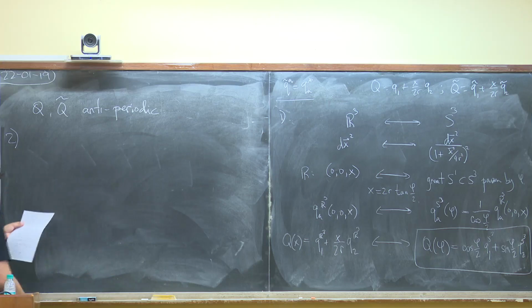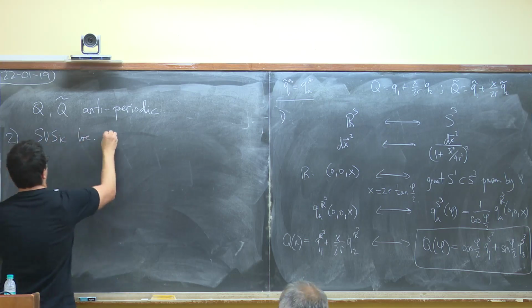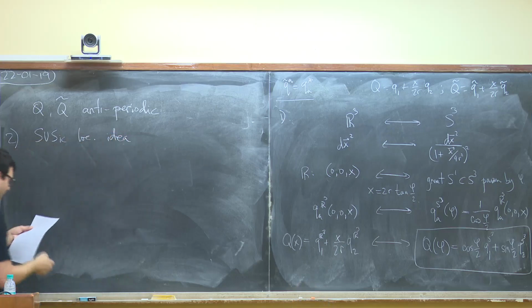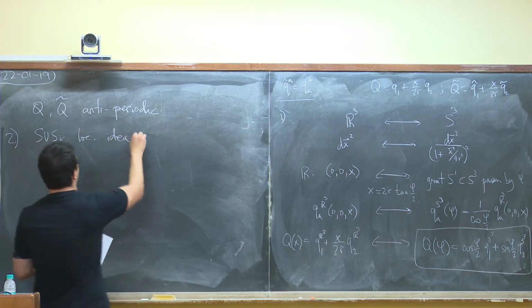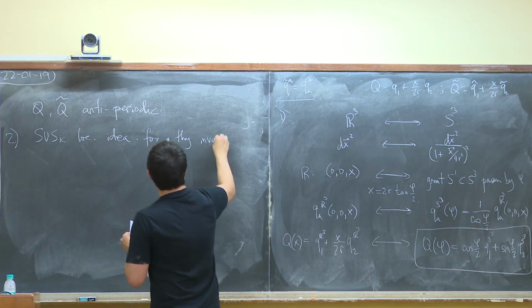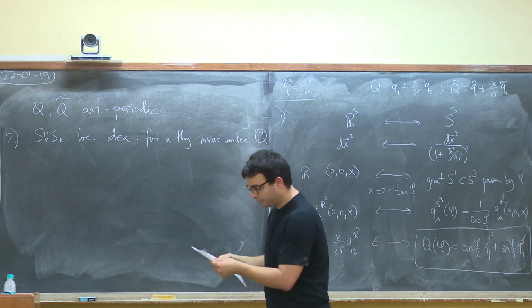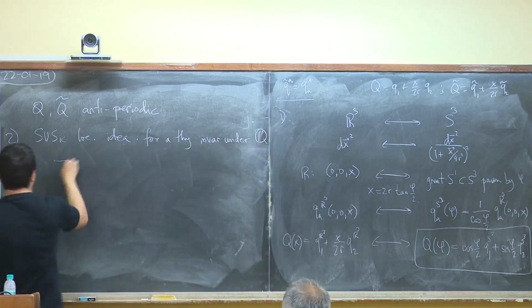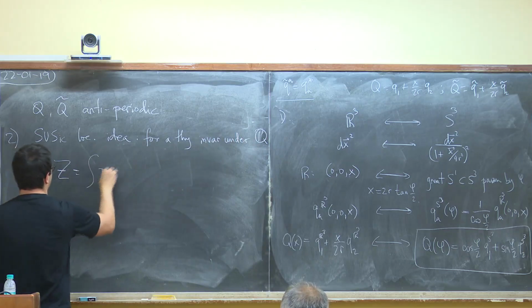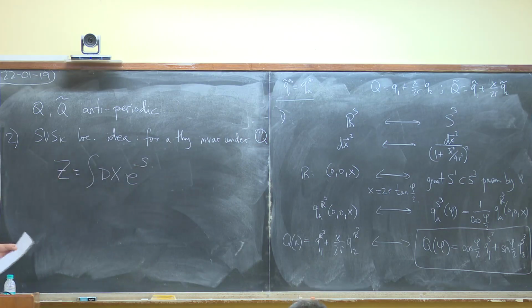Okay, so the supersymmetric localization idea is that for a theory invariant under some supercharge Q, there's the partition function, which is a path integral.